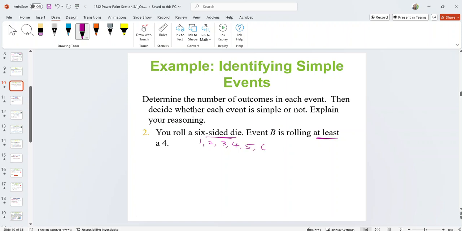At least 4 can be 4, 5, or 6. So this will have 3 possible outcomes. It's not just one, so this would not be a simple event because it has more than one outcome. Okay, so that's how you identify a simple or not simple event.